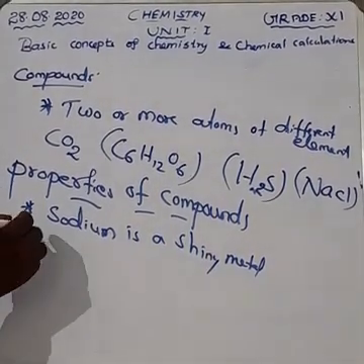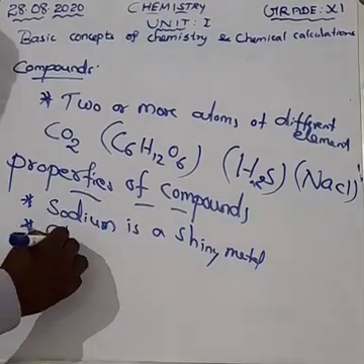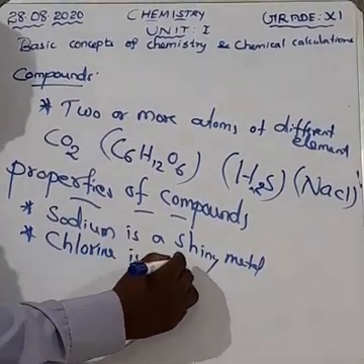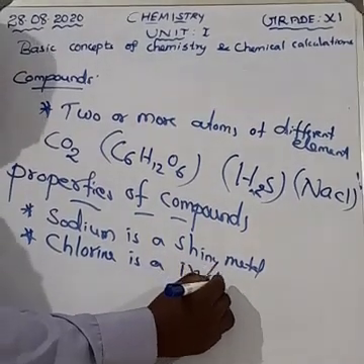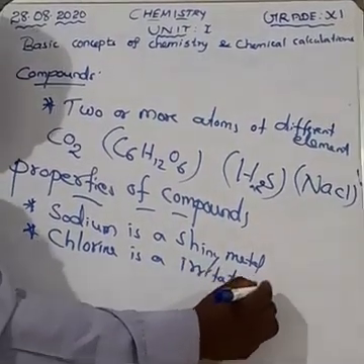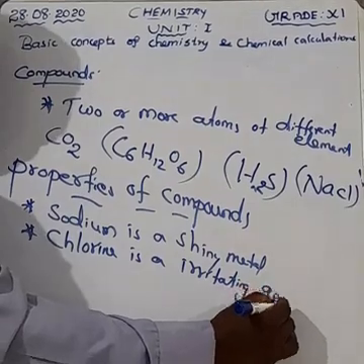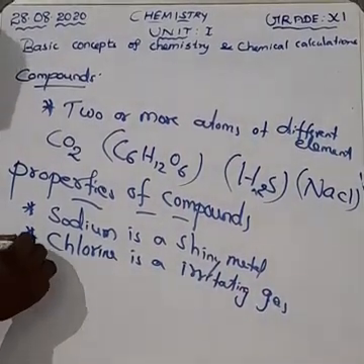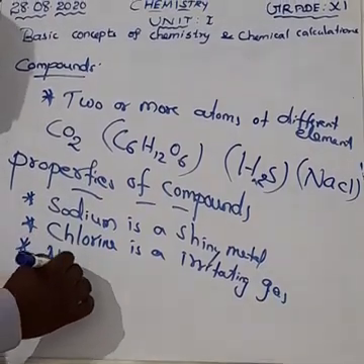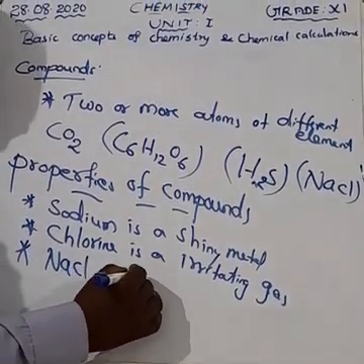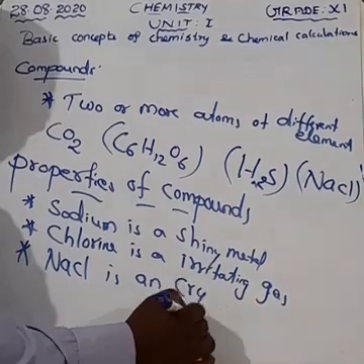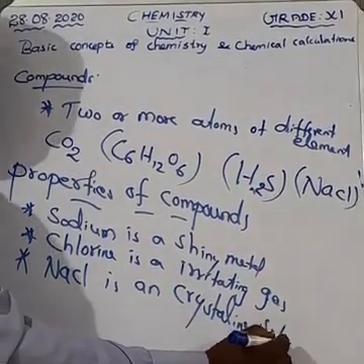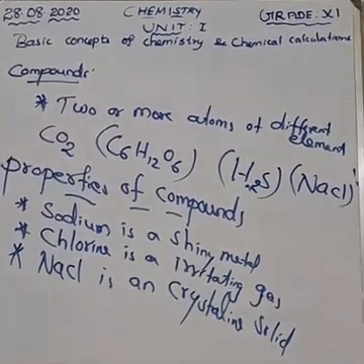Chlorine is an irritating gas. Next, once more, sodium chloride is a crystalline solid, NaCl. These are the properties of compounds.